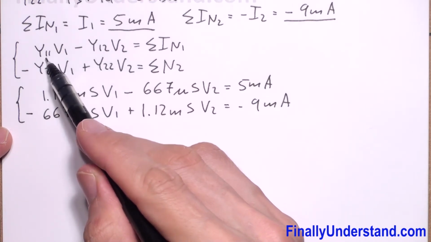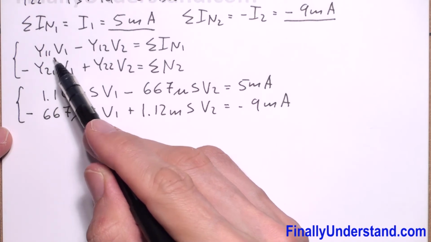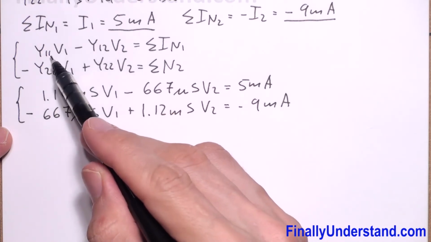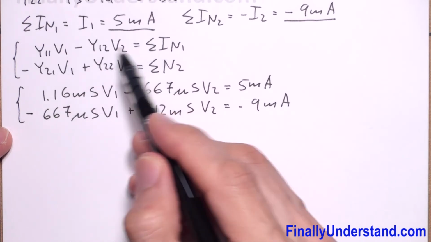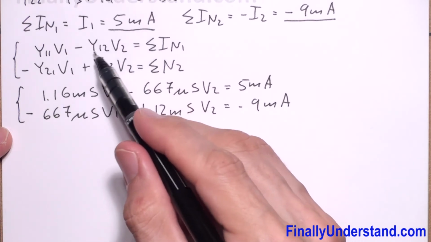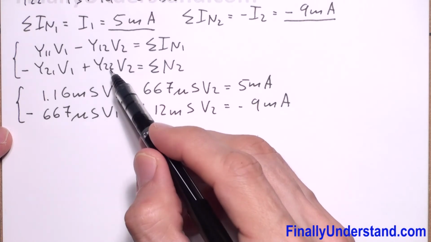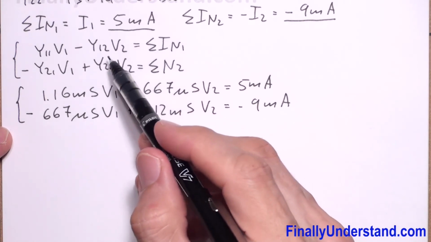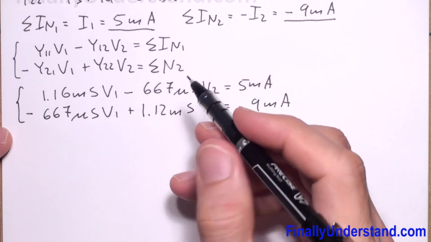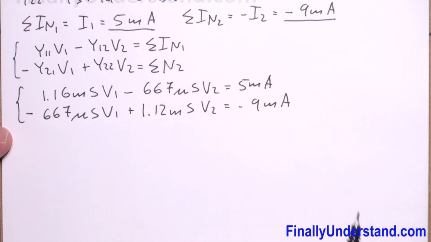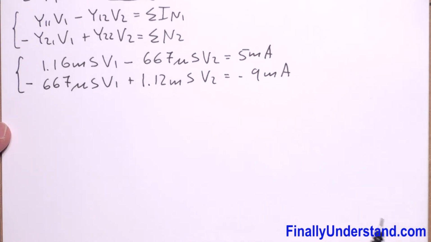The first digit represents the row and the second digit represents the column. So this is my first row and first column. This is my first row and the second column. This is the way how you're supposed to organize the formula. Maybe this is going to help you to remember this for longer time.